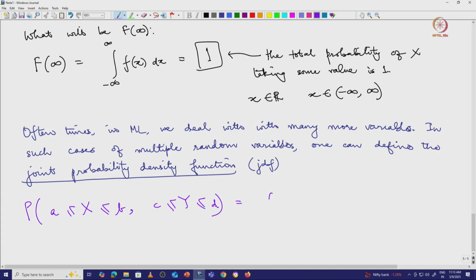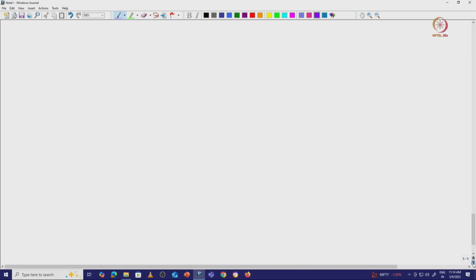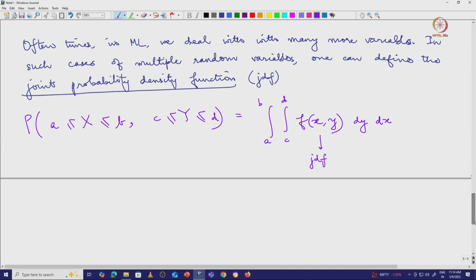That is simply given as the integral from a to b and the integral from c to d of this joint probability density function, which now takes 2 arguments because there are 2 random variables, f(x,y) dy dx. And this is basically the joint probability density function.